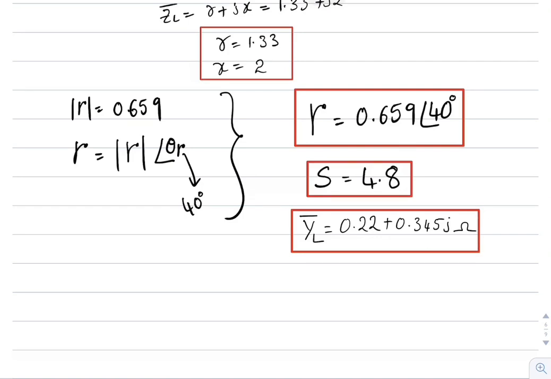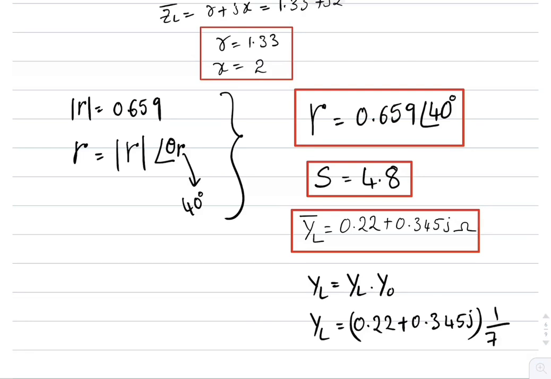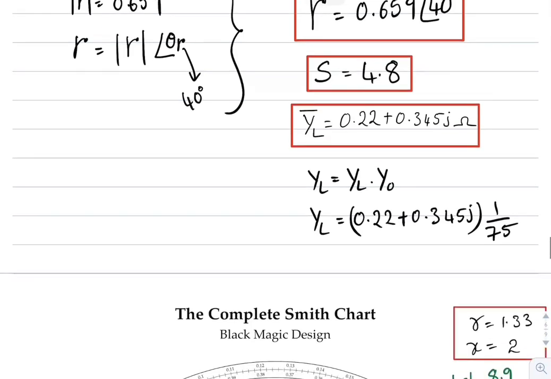If you want load admittance, then YL equals normalized YL multiplied with characteristic admittance. Therefore YL equal to (0.22 plus 0.345j) multiplied with characteristic admittance, means 1 by characteristic impedance, that is 1 by 75.